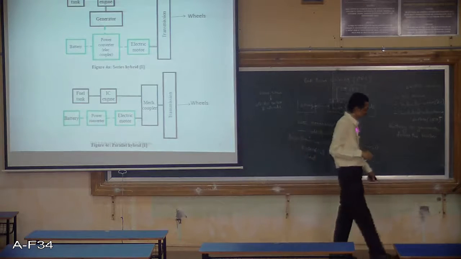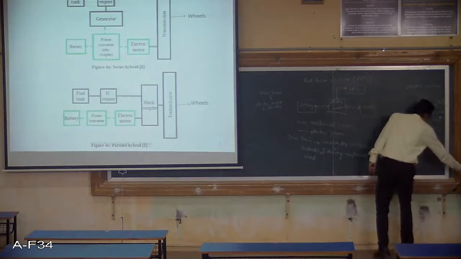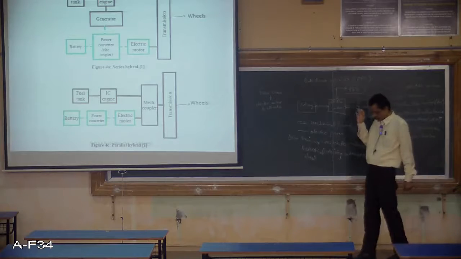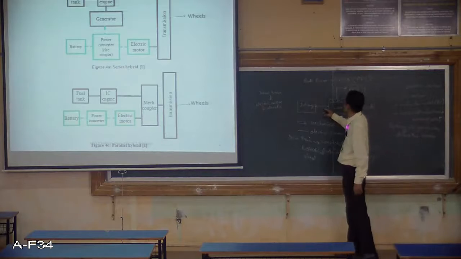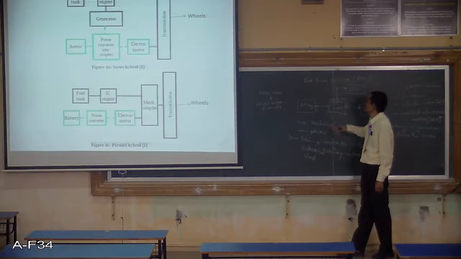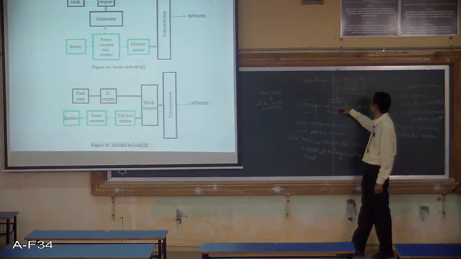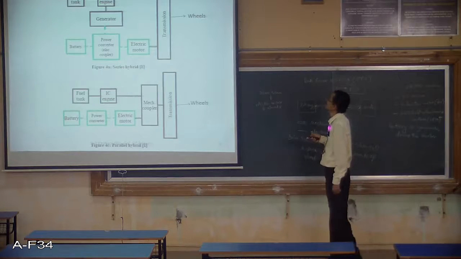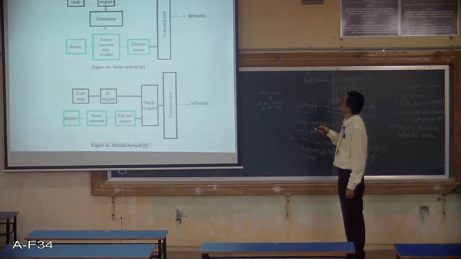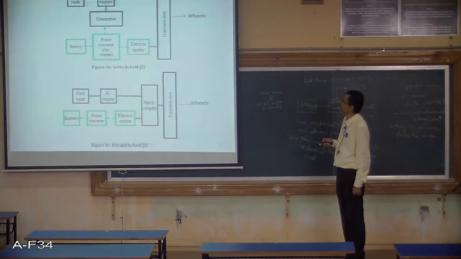The connections from the battery to the electric motor do not exactly come into the drivetrain analogy. Only the mechanical part, as well as the other things connected with the electric motor, come into the drivetrain mechanism. Here you can see the double line, that means it is mechanical power. Here also you have mechanical power.